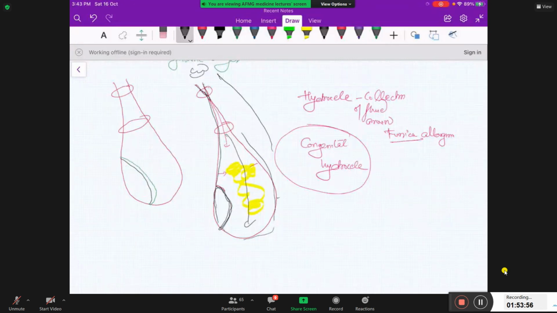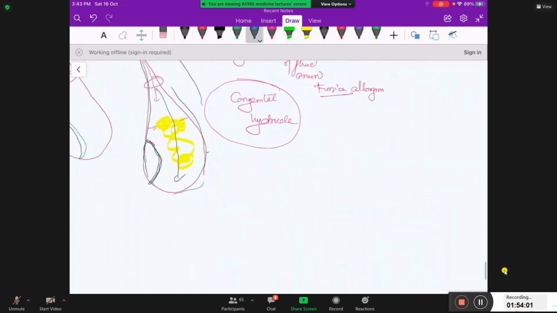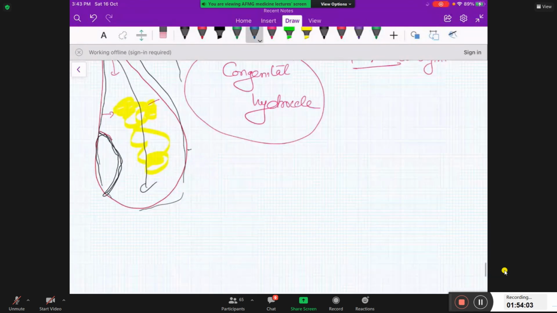And when you do examination of this swelling, you will find fluctuation, because it's a fluid around the testis. So fluctuation test will be positive. You will be like, what is fluctuation test? You fill a balloon with water.